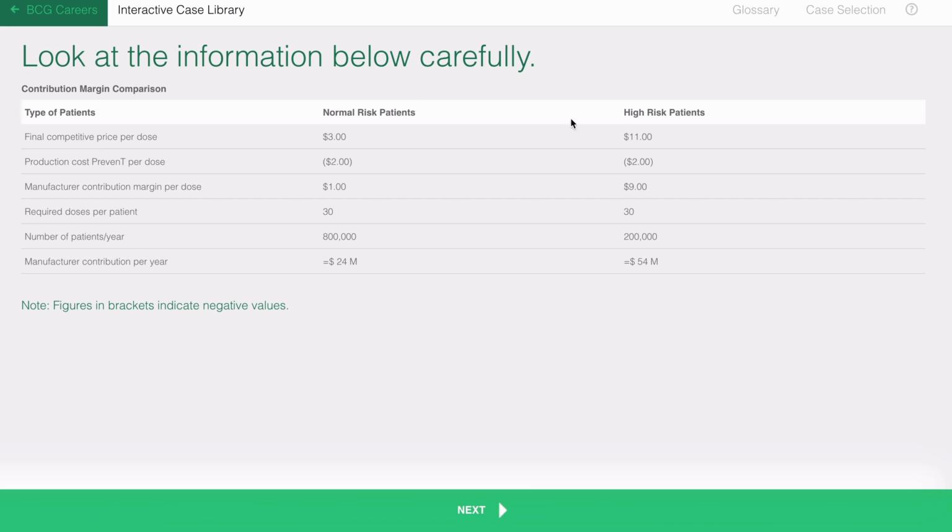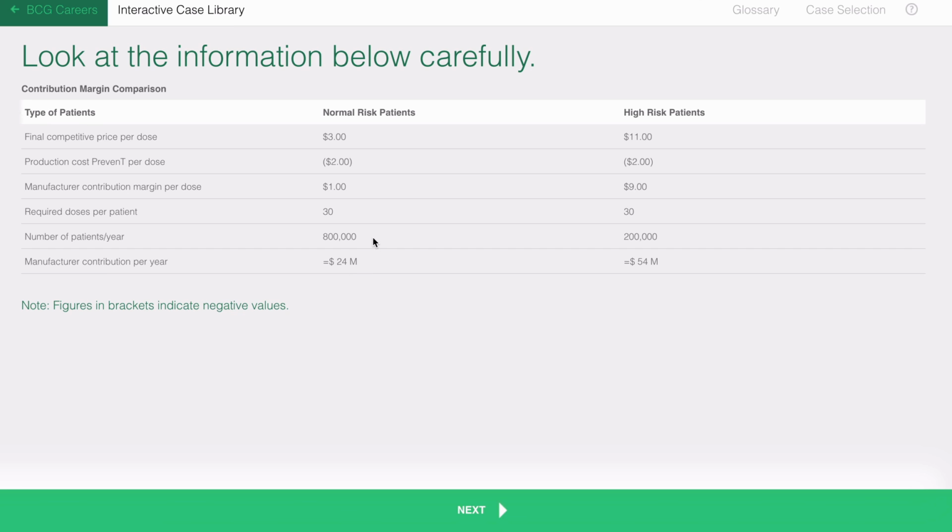So we have normal-risk patients, high-risk patients. We have the final competitive price. We subtract production costs, the manufacturer contribution margin per dose, number of doses per patient, patients per year. And it looks like it already calculated the manufacturer contribution margin. It's $24 million for normal-risk patients, right?